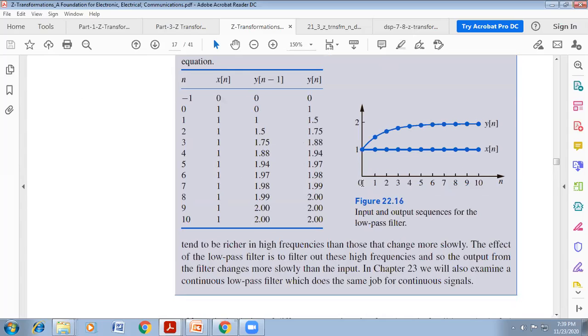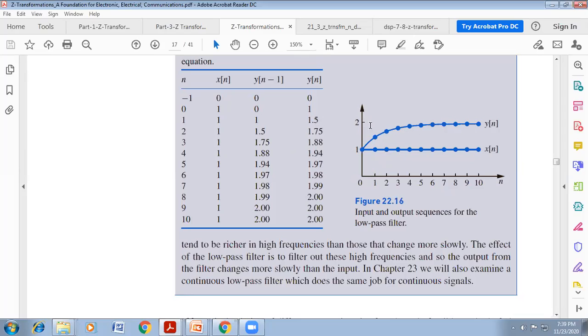Understand? Then if you plot this for different values of n up to 10, these are the xn and yn values. The xn values are constant, right? Every value is one, so this is a parallel line. But the yn values differ. The first value is 0, then 1, then 1.5.